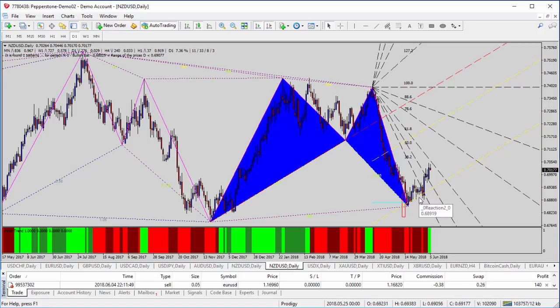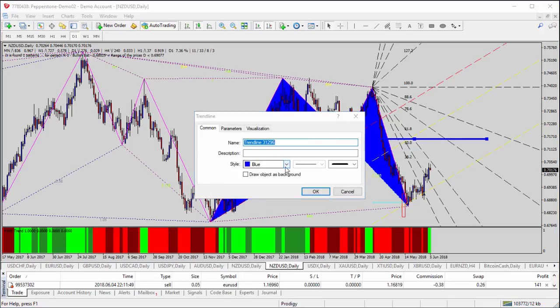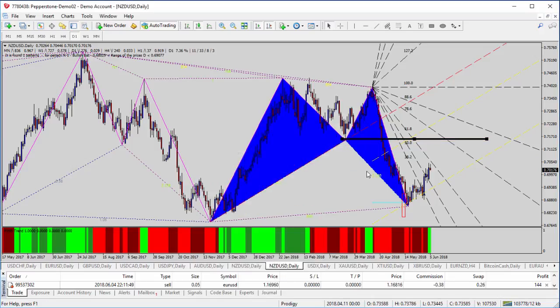Typically, we expect it to go up to the B point, the center point of the pattern. Let me make that black so it's easier to see. We'll see the market rise to the center point of that pattern as our initial target, if not higher.